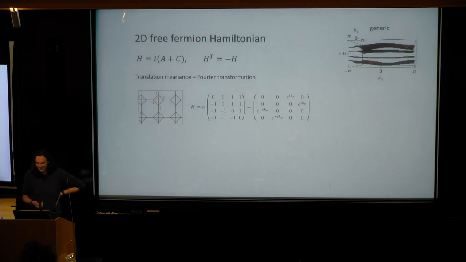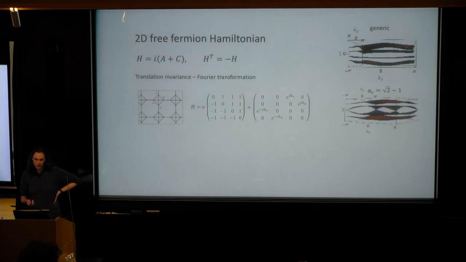Okay, so in the generic case, you just find a band insulator, so you have the 4 bands, and there's a huge band gap between the second and the third band. So this is a plot of the Brillouin zone. But then there are also 2 particular parameters where you find a band gap closing.